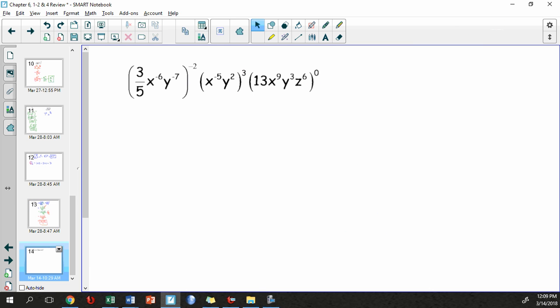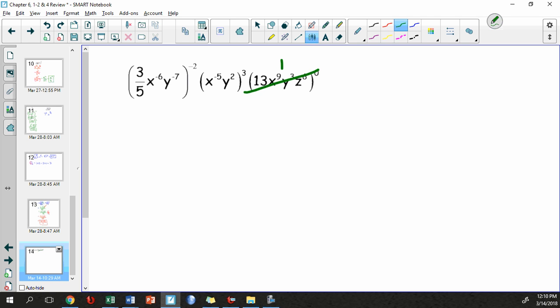Last one, before you write it all down, simply make sure that you're looking at it. The last one turns into a 1.